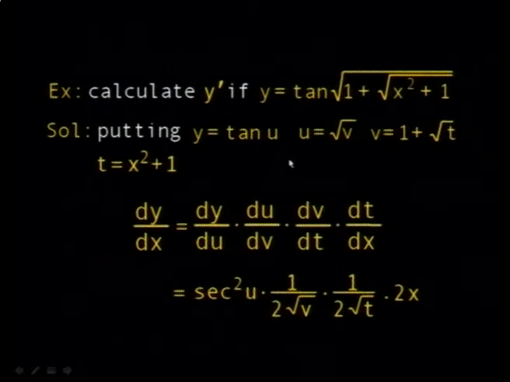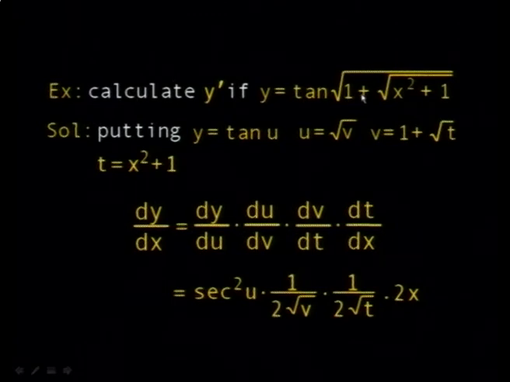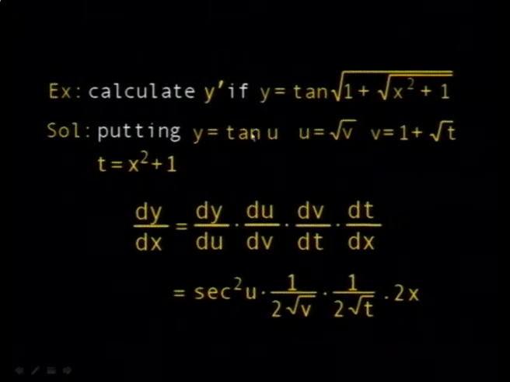The easiest way is to substitute x squared plus 1 equal to t. Then take all that is inside the square root to be equal to v, so v is equal to 1 plus the square root of t. Then you take the square root of v and call it u. And finally, you have y is equal to tan u.